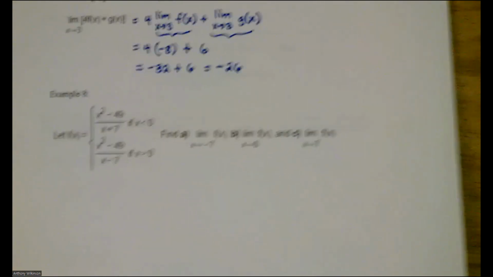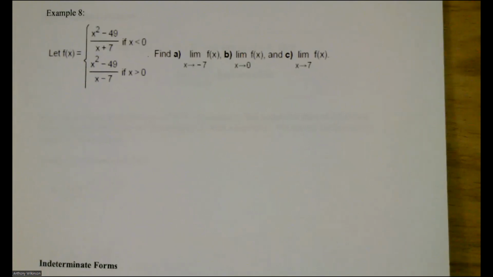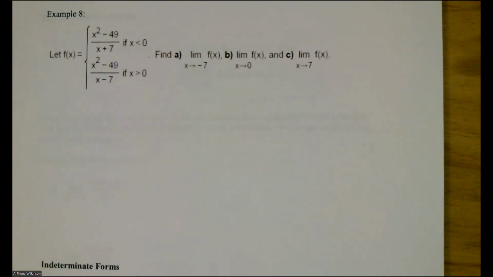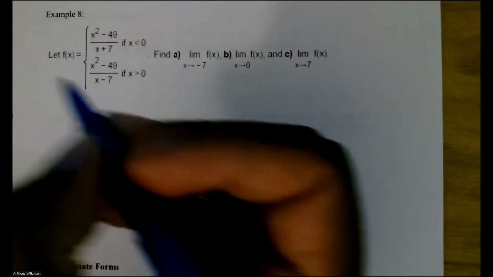So going back to example 8, since we got a 0 over 0, we'll have to use the concept of factoring and dividing out constant terms here in this case. So let's start with part A of this problem.